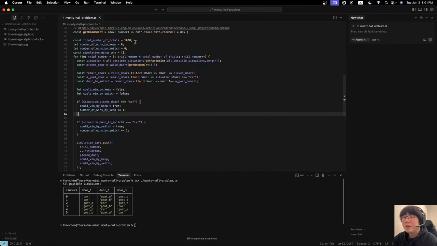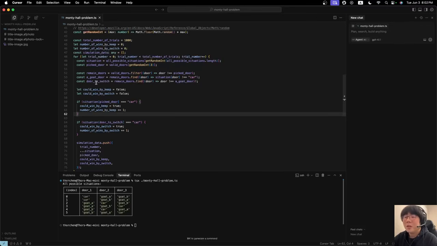So for each round, let's pick a situation randomly from all possible situations. Remember, it's 1 out of 6. And then let's pick a door, which is 1 out of 3. And then for the host, we know what the remaining doors are and which of them has a goat behind it, and the host needs to open that door to show us.